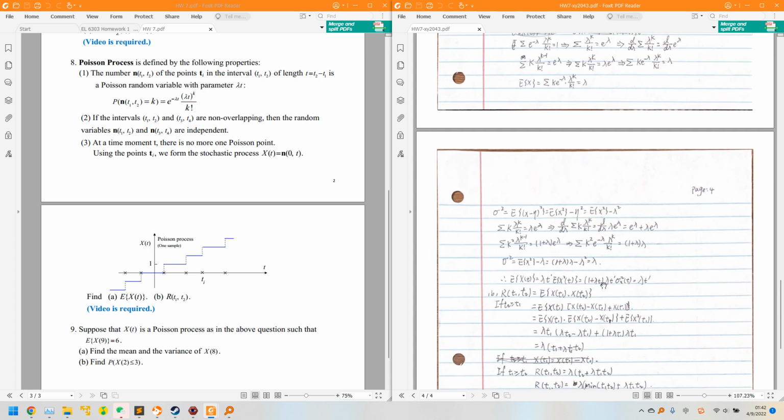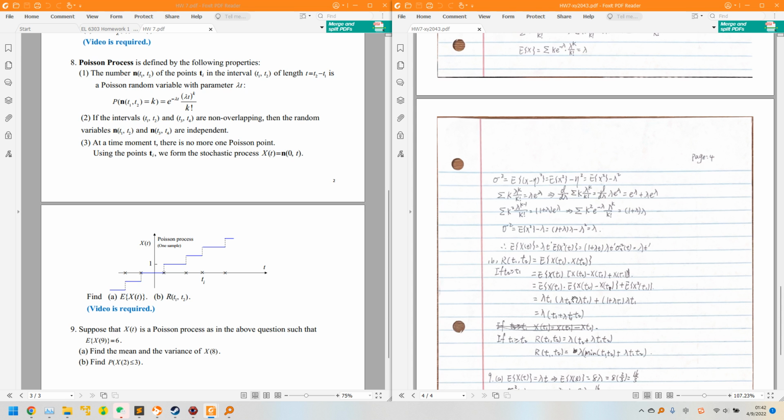And for problem B, we are asked to find R(T1, T2).